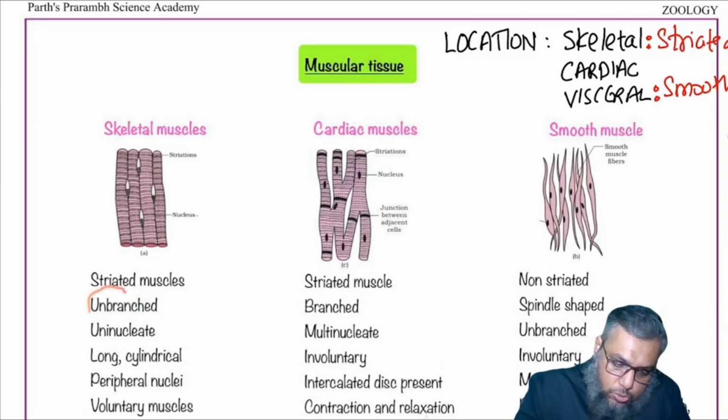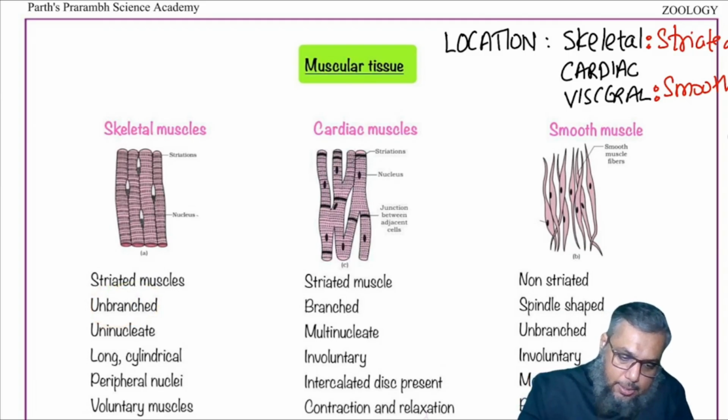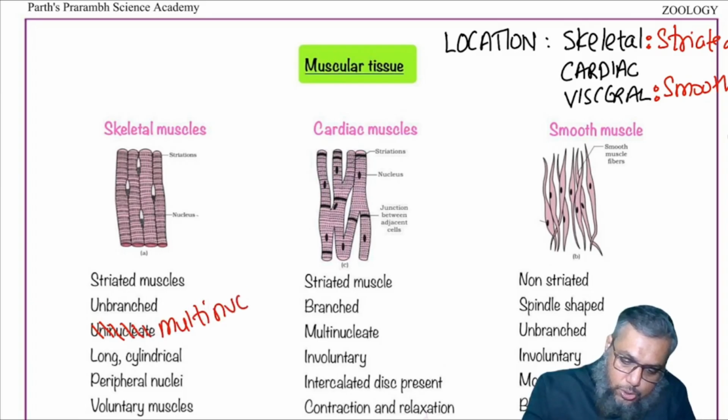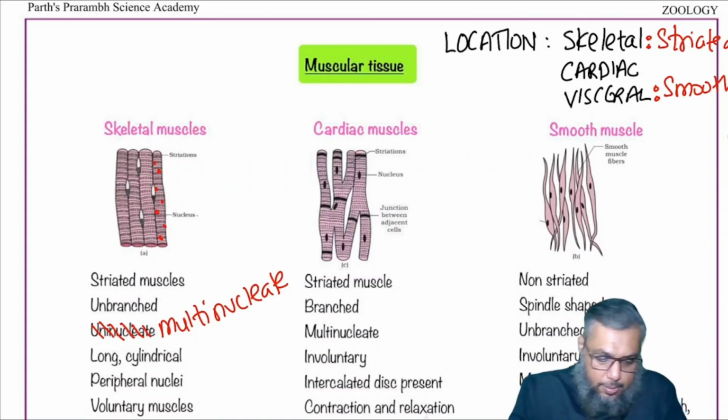As the diagram shows, they're unbranched, okay, and they're multinucleated. It's a multinucleate condition. As you know, it is called syncytium here. So यहाँ पे बहुत सारे ऐसे न्यूक्लियाई हैं, okay, peripheral में.